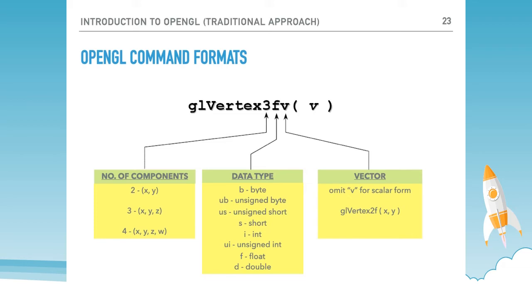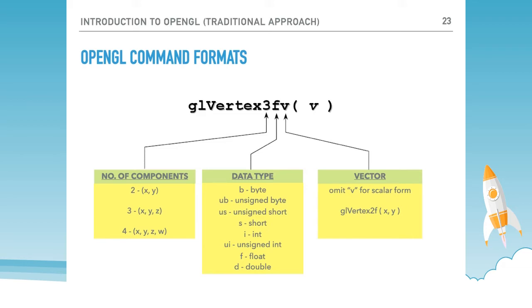If you put 2, it represents X and Y. For 3, it is X, Y, and Z. Now, f represents the data type that you are going to use. f here means floating point. So it means that the parameters in this function must be floating points. If you put an i here, it means the parameters must be integers. The third part of this command, v, represents a vector.